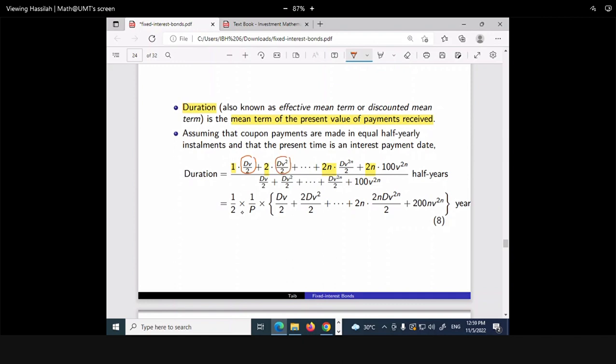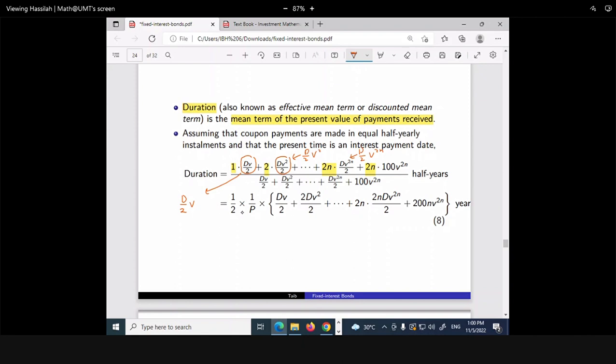Look at dV square ataupun dV per 2 ni. Sebenarnya dia adalah D per 2 tau. You nampak, kalau you rasa you confused dengan penulisan buku ni, tulis balik dalam nota you. So you akan nampak dia D per 2V. Okay, yang ini akan jadi D per 2 V square. Okay, otherwise you rasa macam apa yang bahagi dengan 2 ni kan? Sebenarnya D per 2 V 2N.